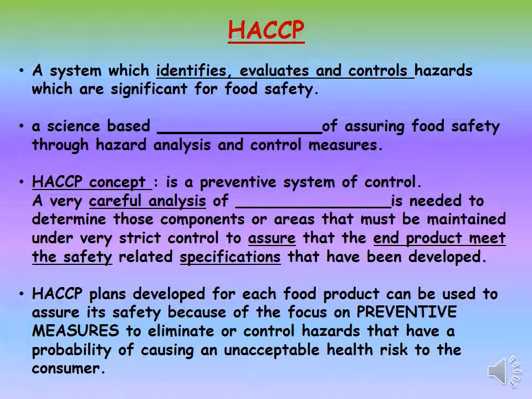HACCP is a science-based preventive system to ensure food safety and food quality through hazard analysis and control measures. HACCP is a preventive system of control, and it is a very careful analysis of ingredients and process to determine those components or areas that must be maintained under very strict control to ensure that the end product meets the safety specifications that have been developed.